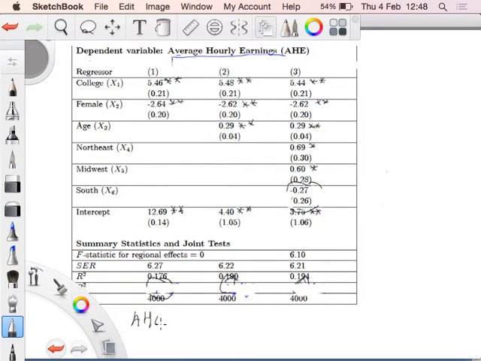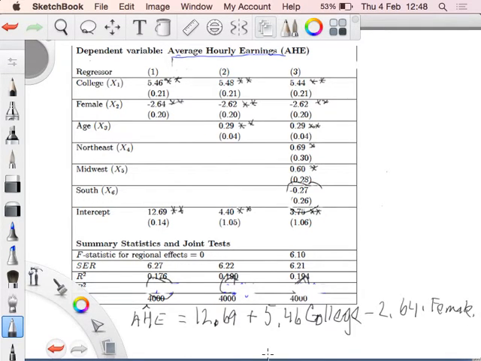Average hourly earnings hat is equal to the intercept for the first column, 12.69, plus 5.46 times college, minus 2.64 times female. Now, the coefficient on college is what we're looking at.